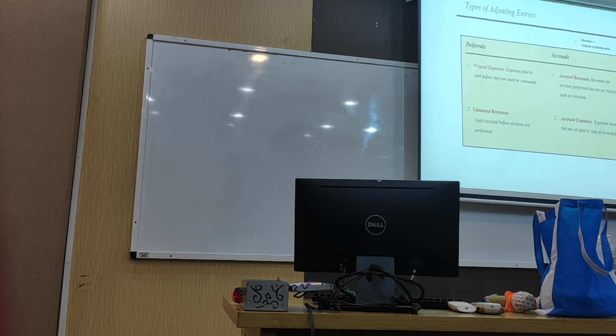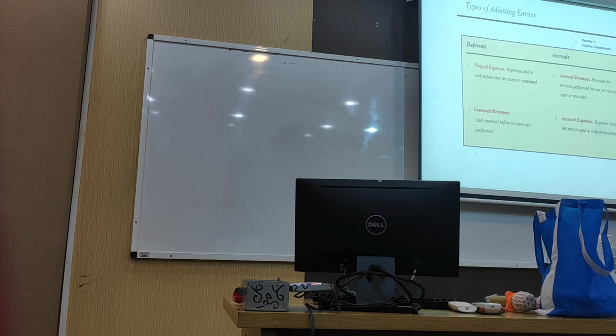Now how do I remember them? Look at what I'm writing down in red. With deferral, the cash transaction is always today. The cash is always recorded first, and the revenue or expense will be recorded tomorrow.